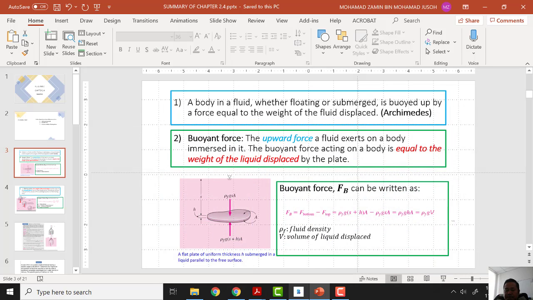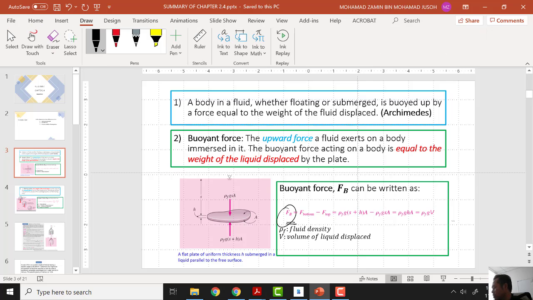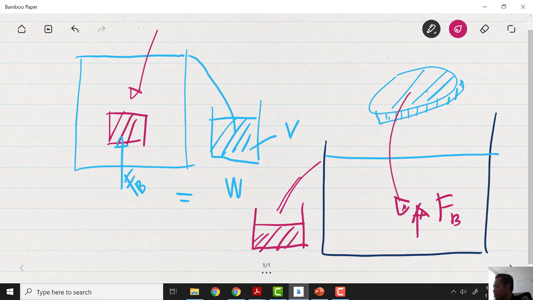So how can you write FB? FB is the buoyant force, equal to F bottom minus F top. For example, you put a cube inside the water, and we have a force from the bottom of the water and a force from the upper surface of the water.